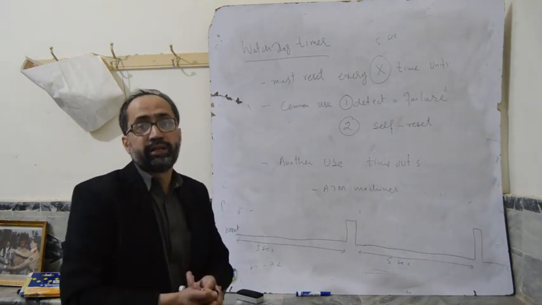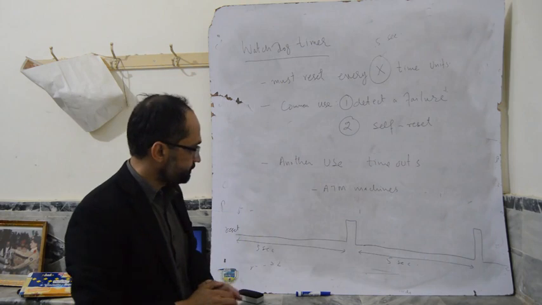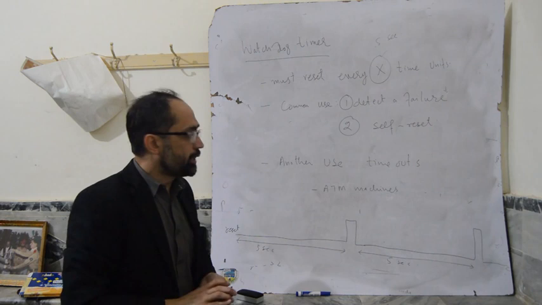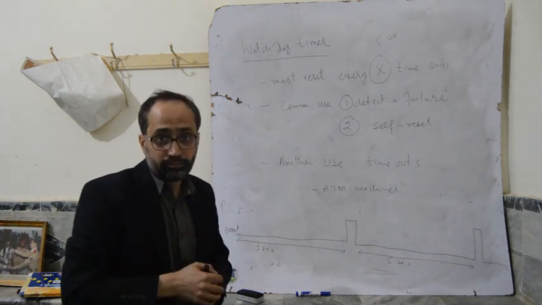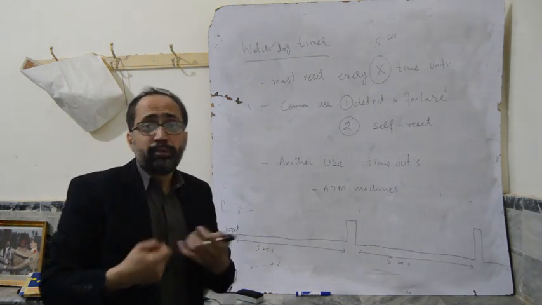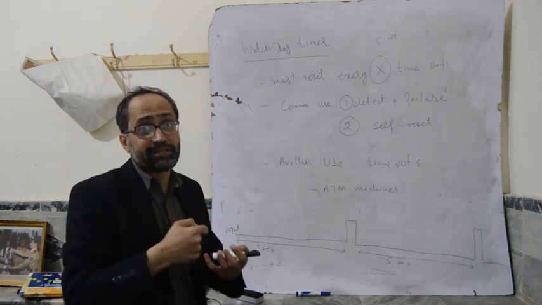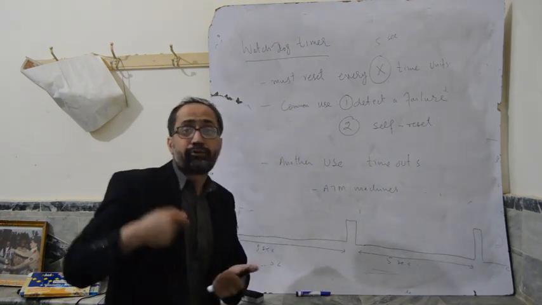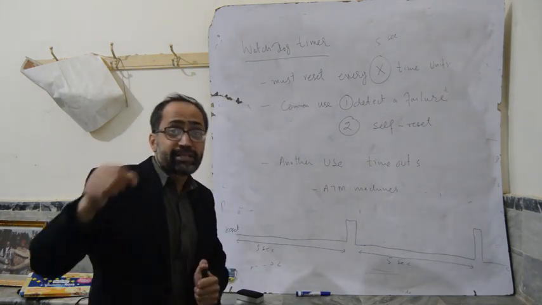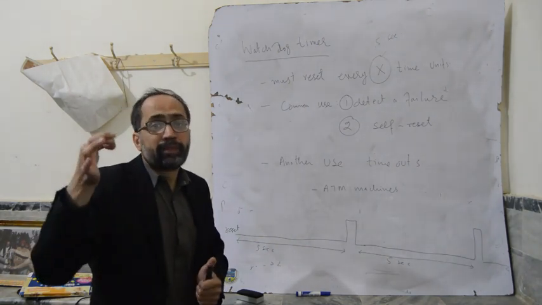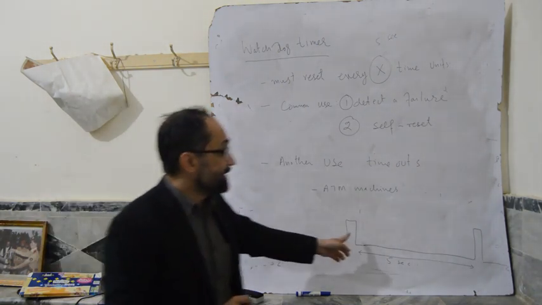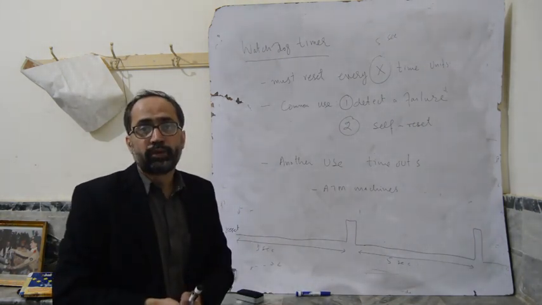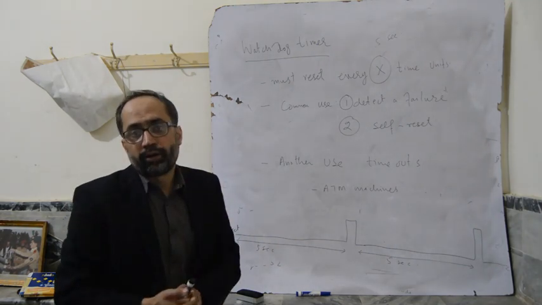Let's assume that you are using an ATM machine. You insert your card, you give your password, and you want to withdraw some money. And actually, if there is a failure in the system, and the ATM asks for some input, and the system does not receive the input from the user, it will generate a reset signal. So let's assume that the user inserts an ATM card, and it asks for a password.